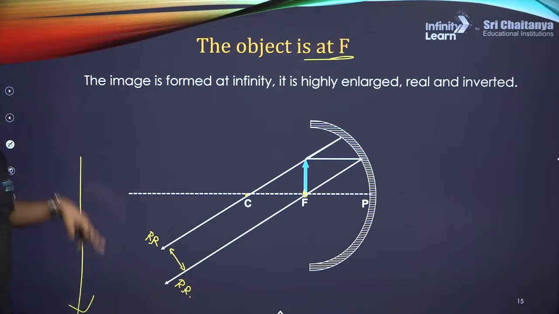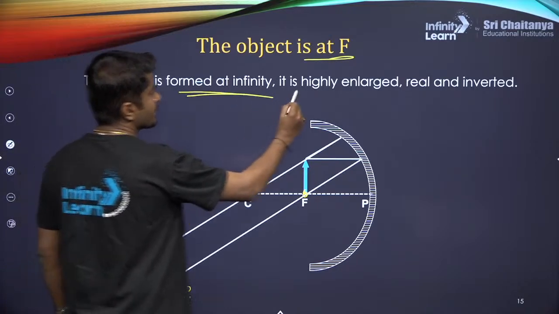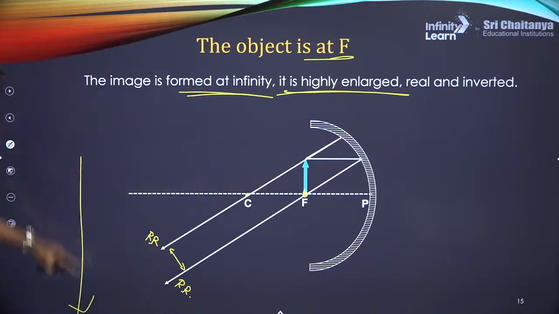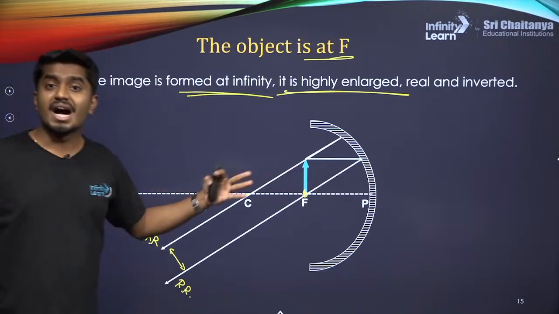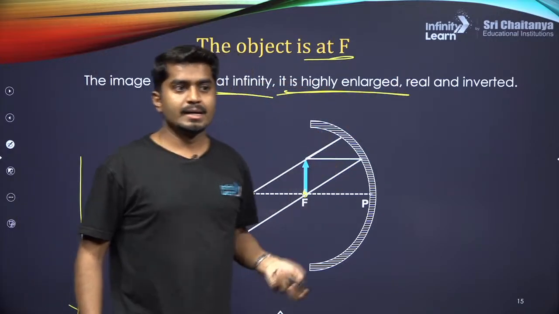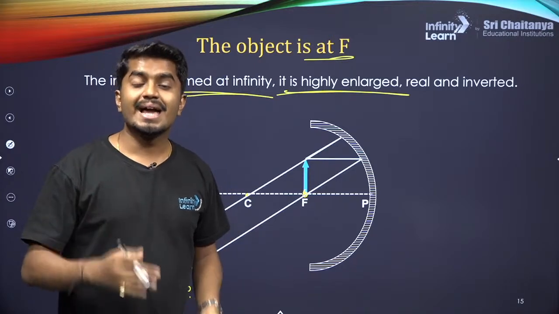It is going to be highly enlarged. So the image will form at infinity. You see the object, you see the image. The image is very large in size, real and inverted. Clear? So until now we looked at images which are real and inverted.